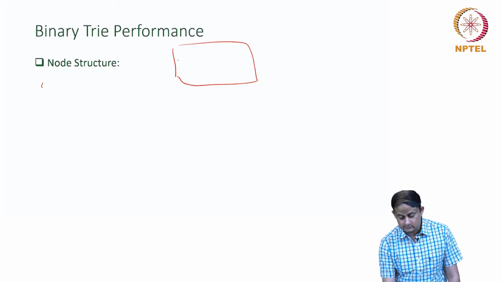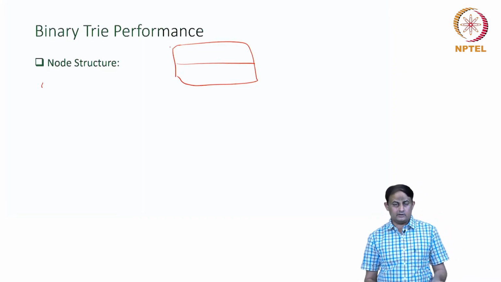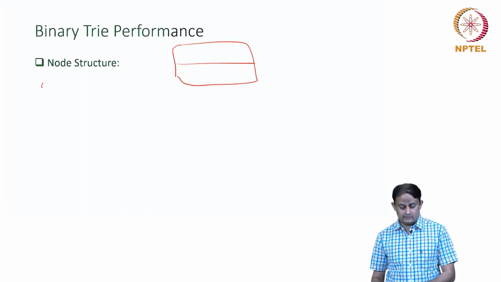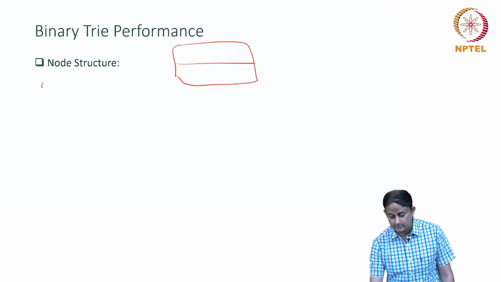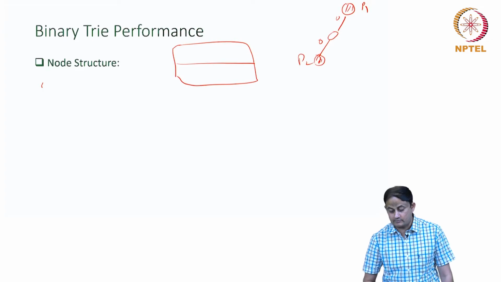One is the indication of whether this particular node is representing a prefix or is not representing a prefix. So for example, if I have this one, this is my star, this is the prefix P1, and then I might have 0 followed by 0, this is 0 0, and this node is representing prefix P2.